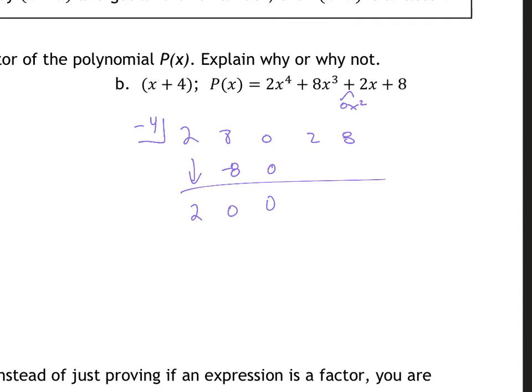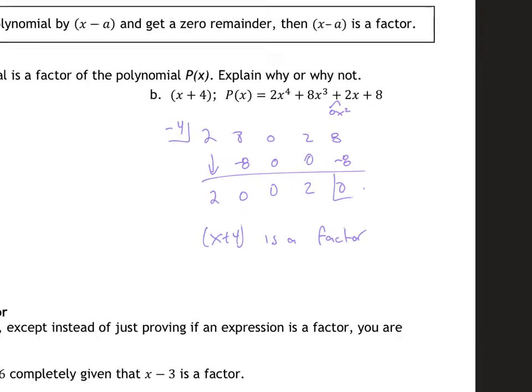Add, you get 0, so on and so forth. 2 times -4 is -8. You get 0. So is this a factor? Yes. x plus 4 is a factor because the remainder is 0.